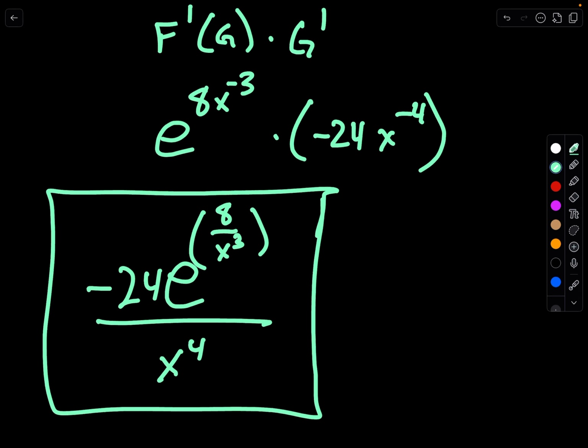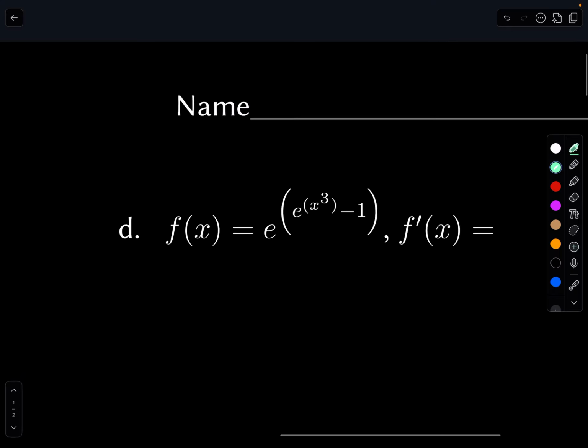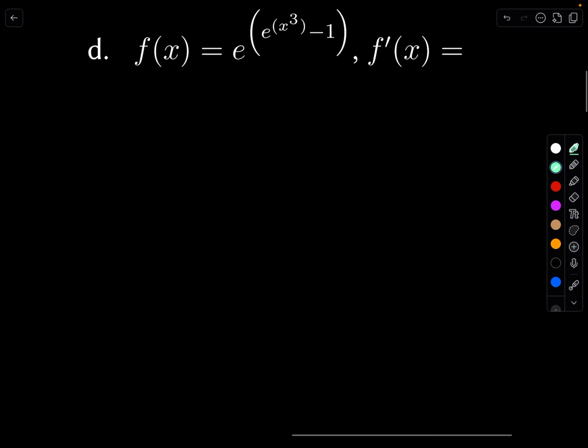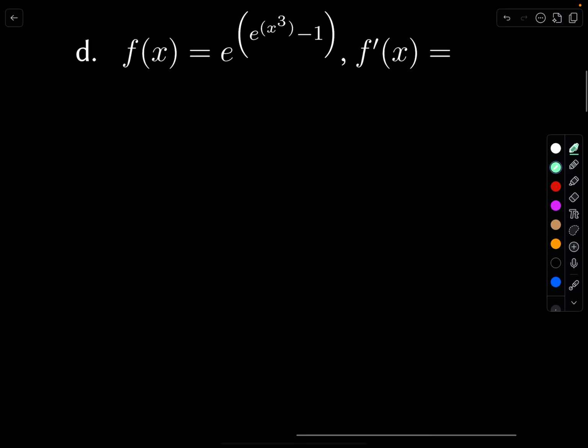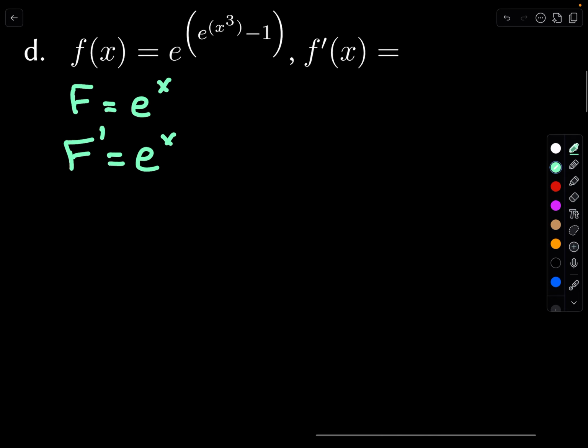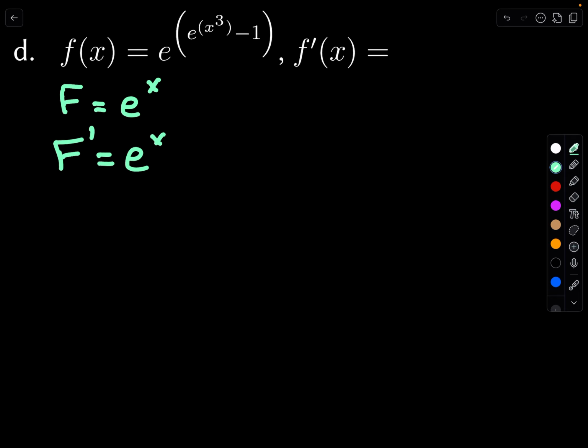Okay, I changed the next one, though, oh no, I guess I got it here. Good. I thought I had forgotten to change it on this version. Okay, so this one is extra hard because we're going to use 2 chain rules. The first chain rule is the one we've been using all along. But then inside here, we have a second part that we're going to have to do.